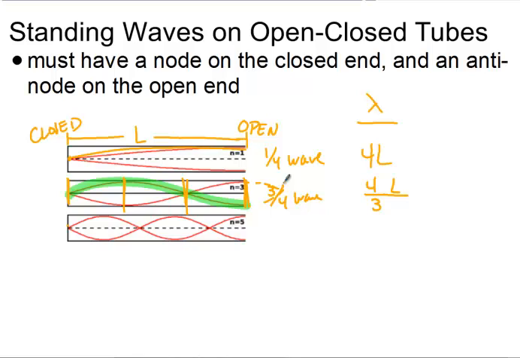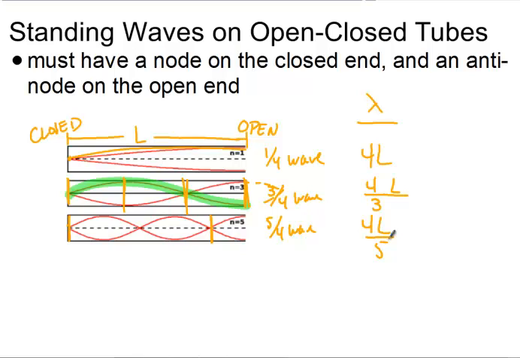Down here it's a little bit easier to see, because one full wave goes from here to here. And so if you look at your segment, you have 5 quarters of a wave on the last one. So 5/4 of a wave. So the wavelength there is going to be 4/5 L. So hopefully you see the pattern here, that the wavelength of this one is going to be a little bit different.